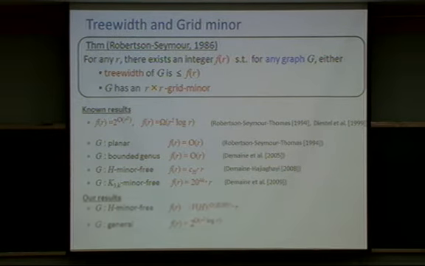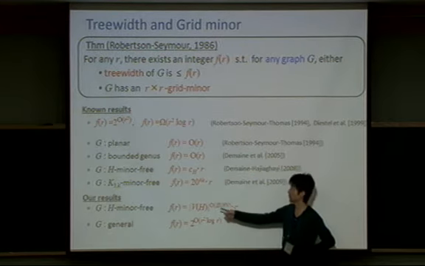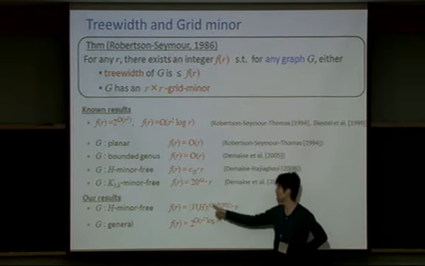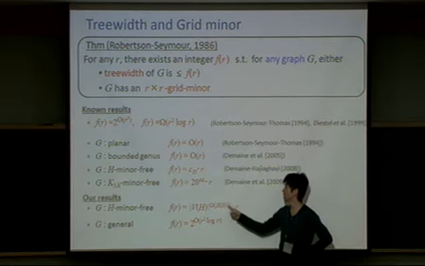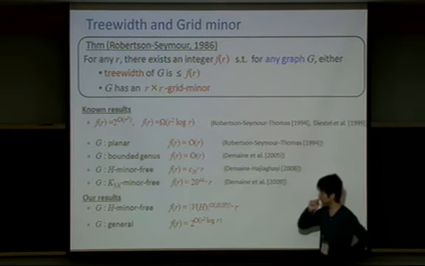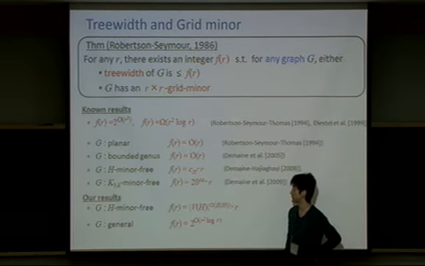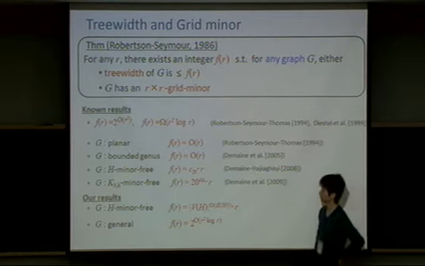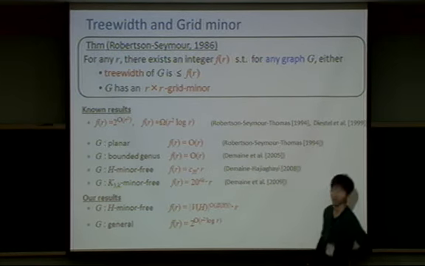And our results are the following. If G is H minor free, then f of r is bounded by a linear function of r, and this constant can be a single exponential function of the number of edges of H. And by using this result, we also give a bound for the general case, and this bound is 2 to the r squared log r.